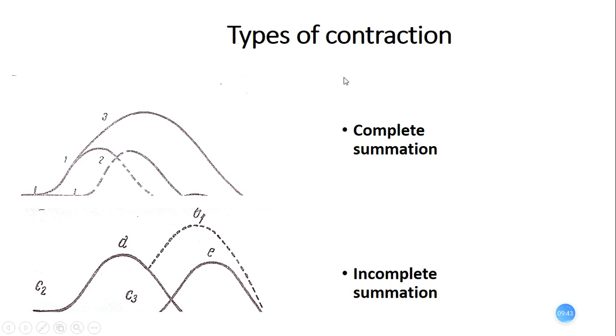Summation, and we said we have two types of summation. We have complete summation and incomplete summation. This is the diagram for complete summation, and this is the diagram for incomplete summation.